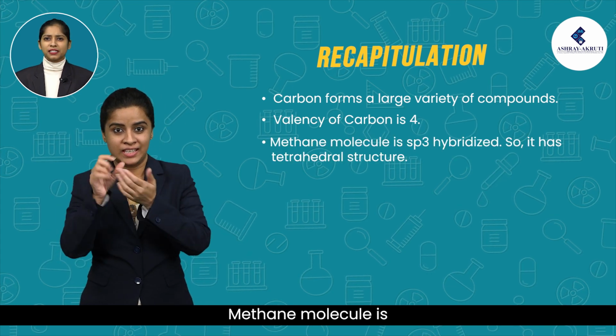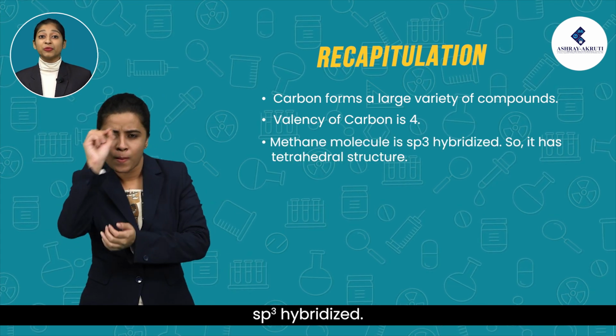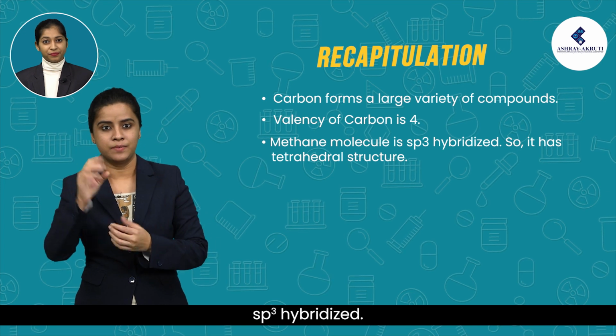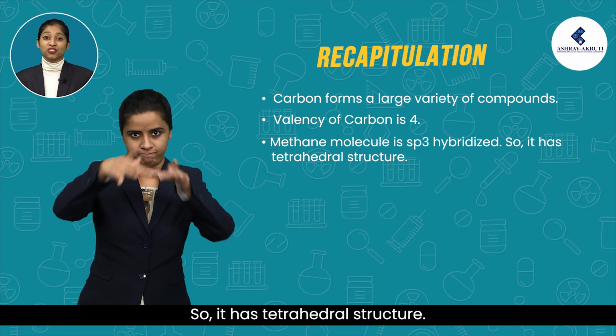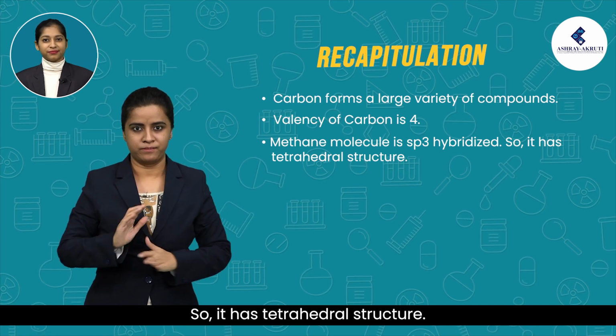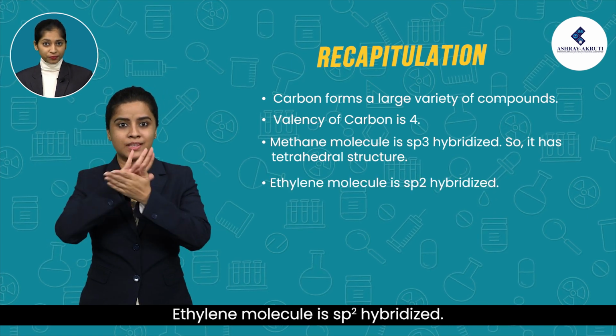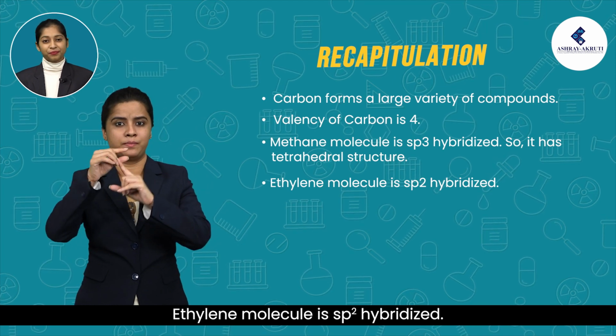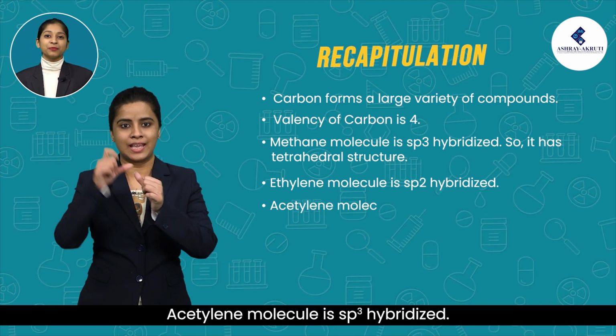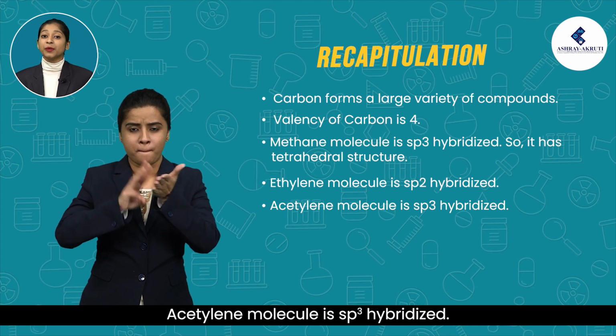Methane molecule is sp3 hybridized. So, it has tetrahedral structure. Ethylene molecule is sp2 hybridized. Acetylene molecule is sp hybridized.